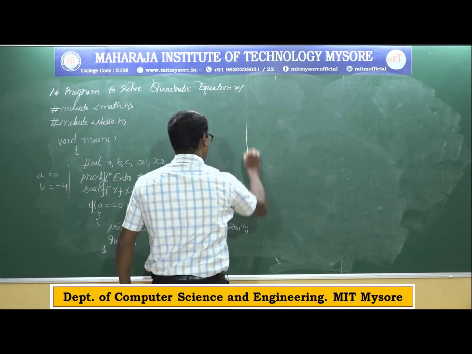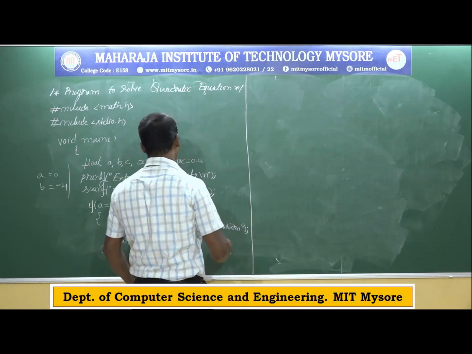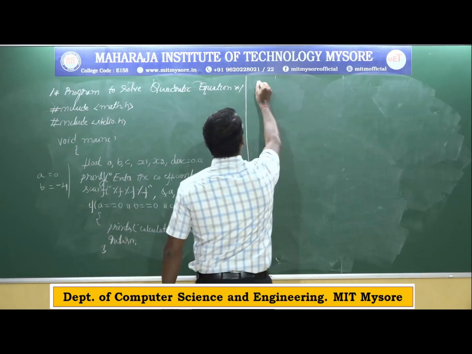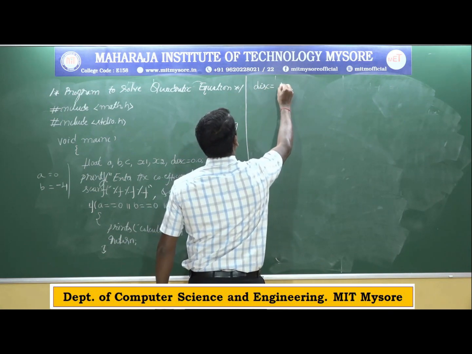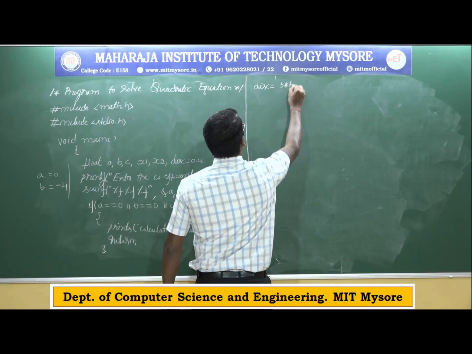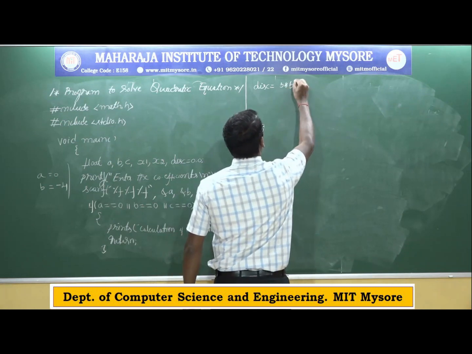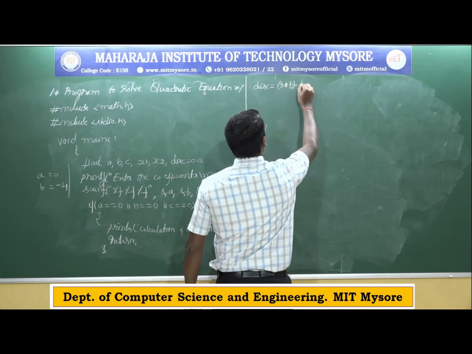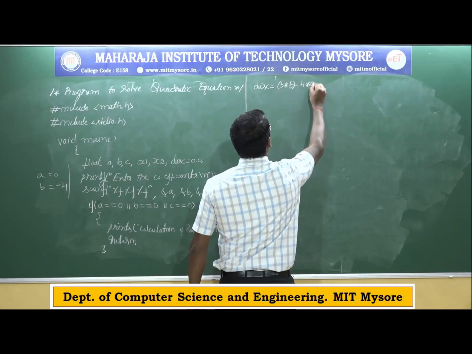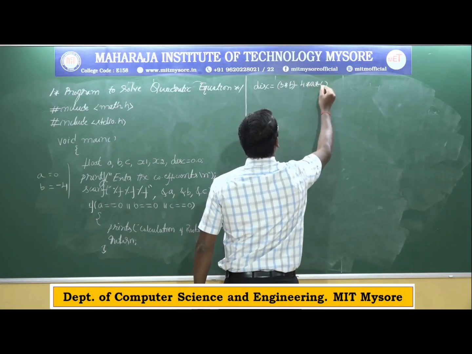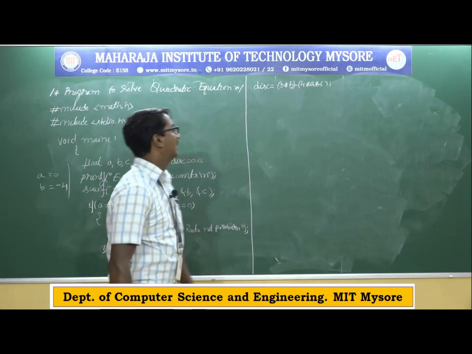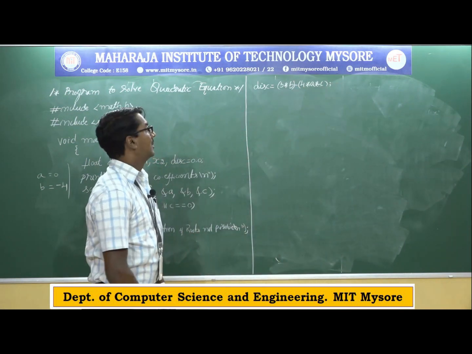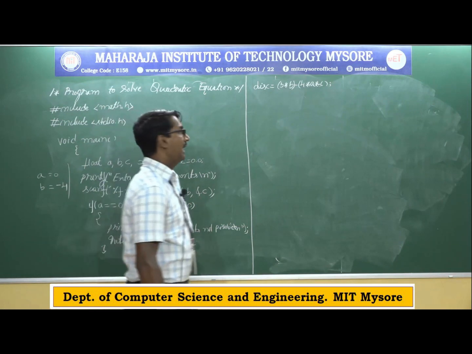Next, if this condition is not satisfied, then DISC is equal to B into B minus 4 into A into C. Here I am calculating the discriminant value: DIS is equal to B square minus 4AC.